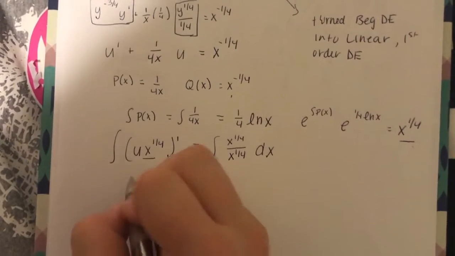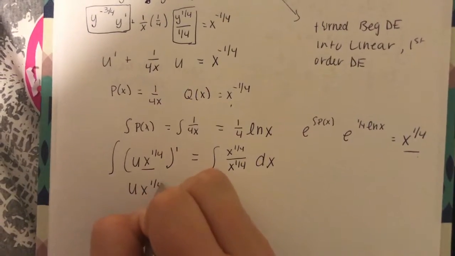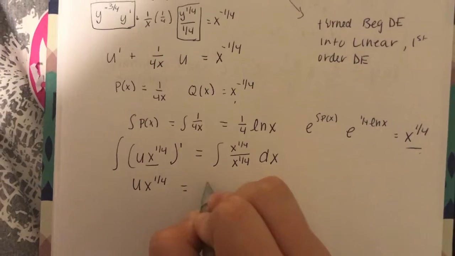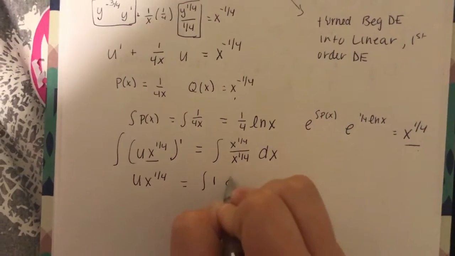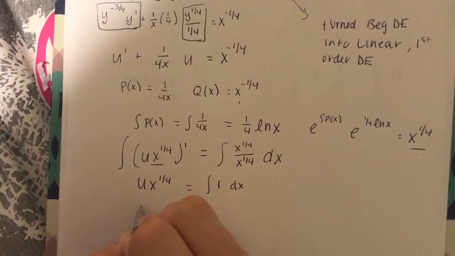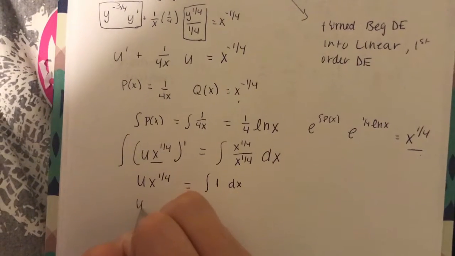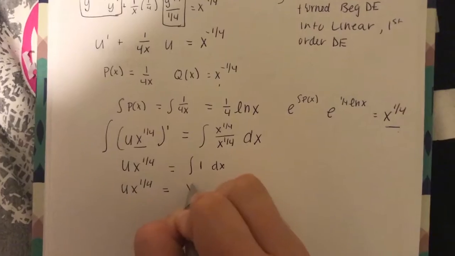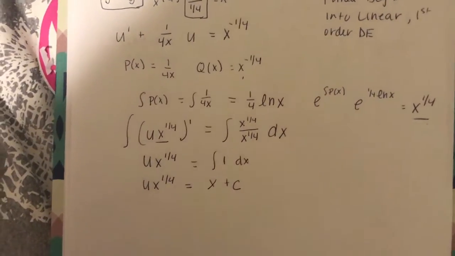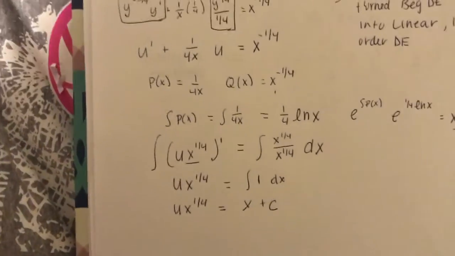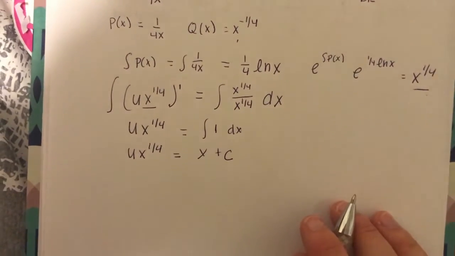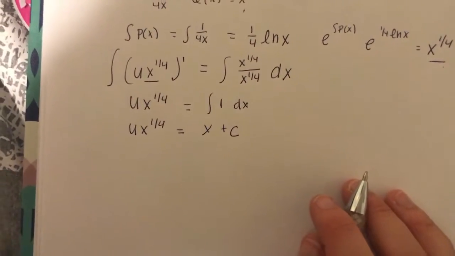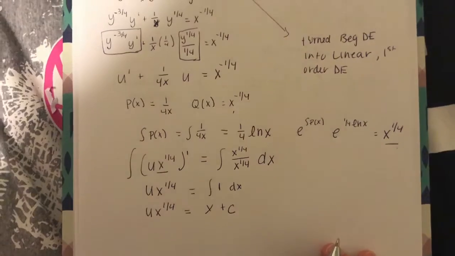Now when I do this integral, I'm left with u x to the 1/4 equals the integral of 1 dx. So I'm left with u x to the 1/4 equals, my integral of 1 is x, plus c. Now yes, I found the integral of this, however, I am still in terms of u, and I need to get back to my y's.